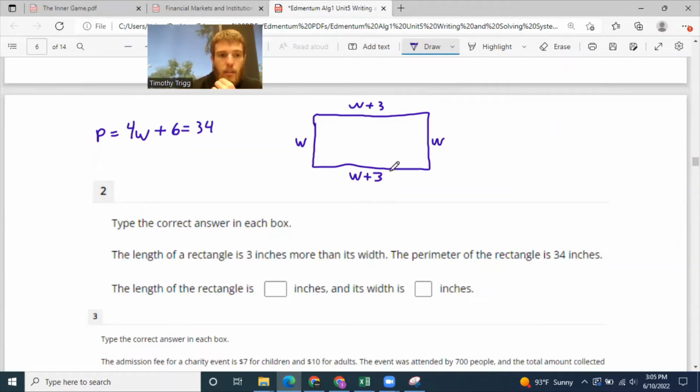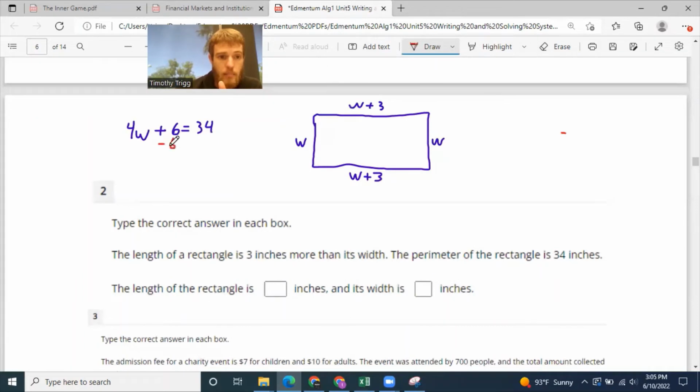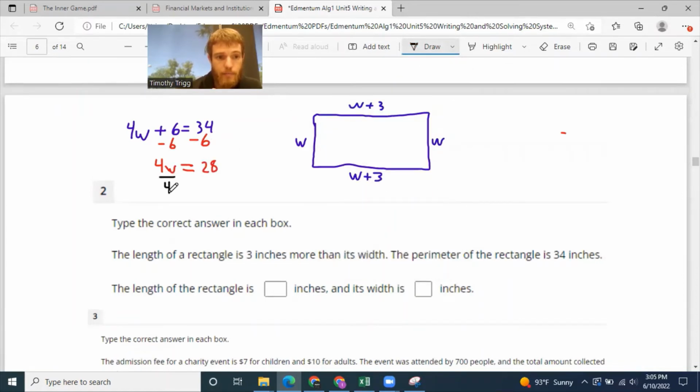So now we can find the length and the width. So the first thing I would do is go ahead and solve for the width here. So how would I do that? Well, I would go ahead and subtract 6 both sides of the equation, giving us that 4 times the width is 28. Then divide both sides by 4 to get W by itself, giving us the value of W, in this case, is 7.